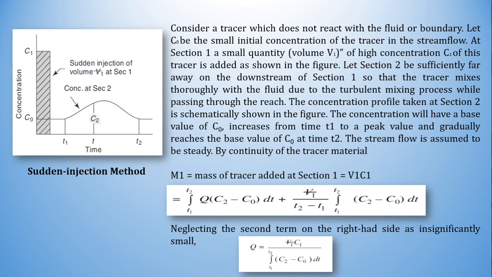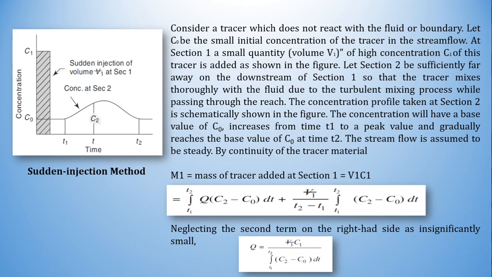Further, it is equal to the integration of Q multiplied by (C2 minus C0) dt, ranging from T1 to T2, plus V1 upon (T2 minus T1) times the integration of (C2 minus C0) dt, with limits T1 to T2.